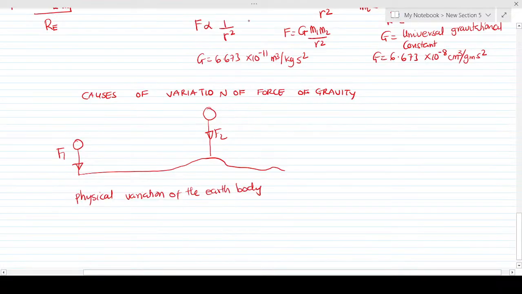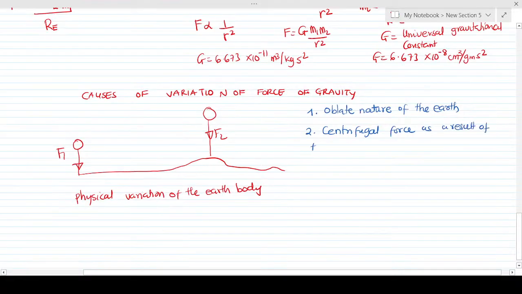So what are these physical variations? Let me use this to write it. The first one is the oblate nature of the earth. Then 2 is centrifugal force as a result of the rotation of the earth.